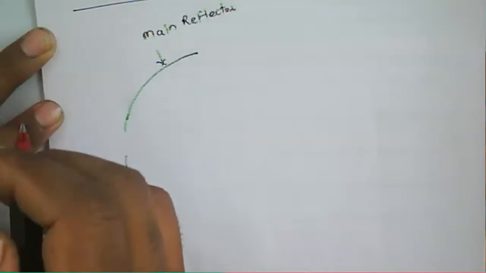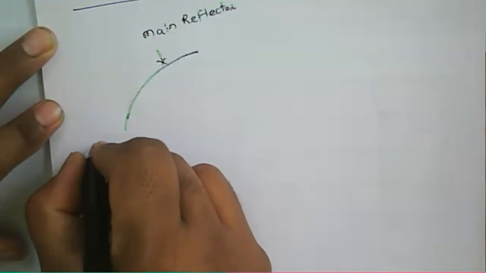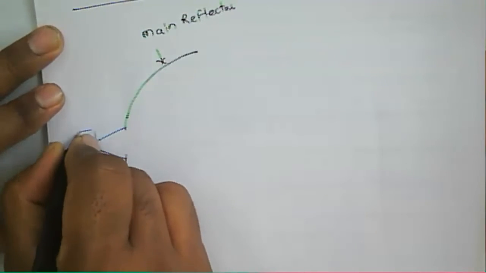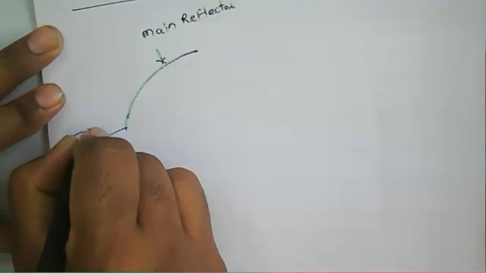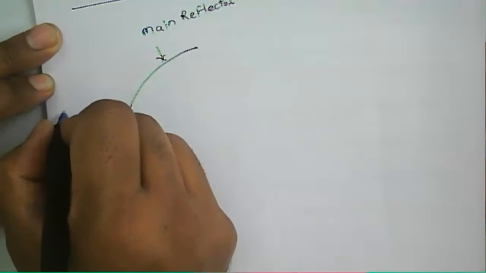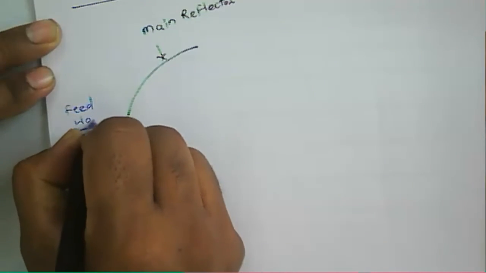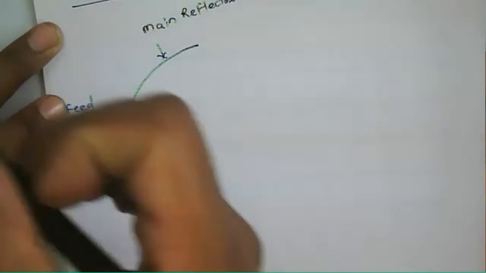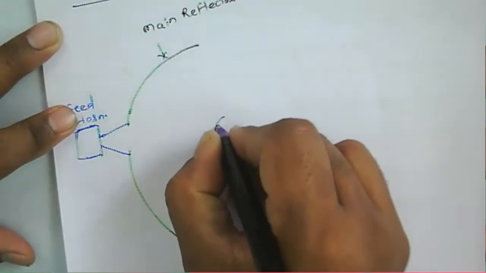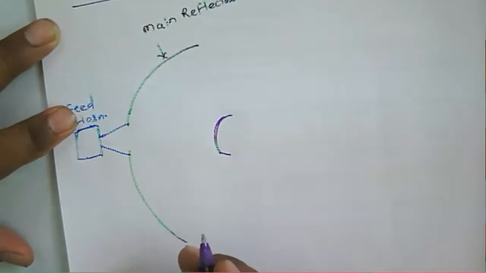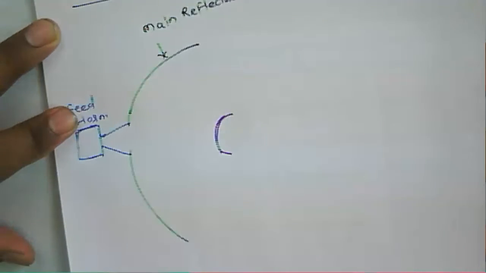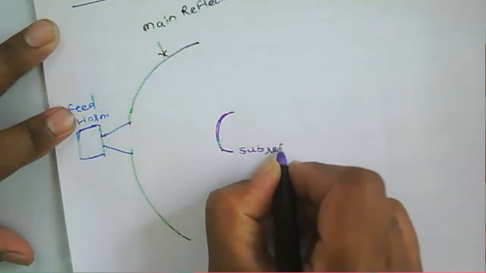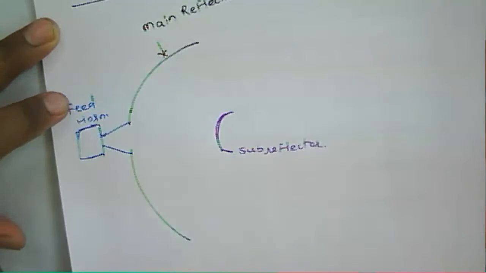But you see that the horn is placed at the opposite side. This is nothing but a feed horn. Then it has a sub reflector, and this one is called the sub reflector here.